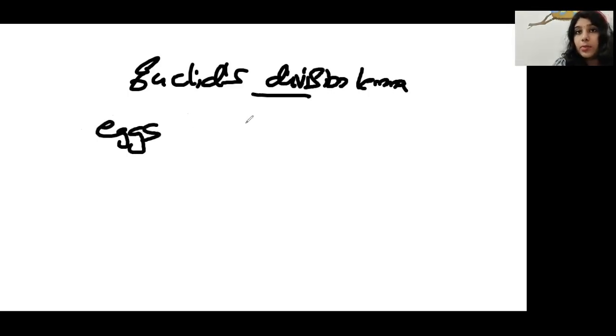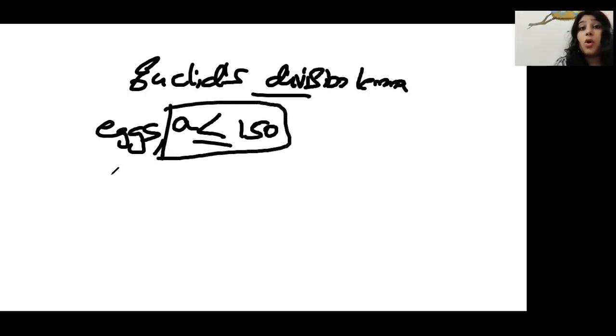Not exceeding 150 means it can be 150 or less than 150. So we can say that the number should be less than or equal to 150. Instead of the number of eggs, I'm representing it as A. A is less than or equal to 150. That we only know.